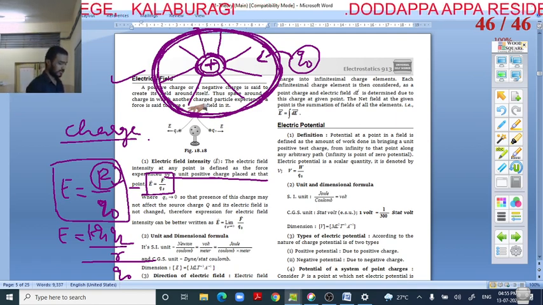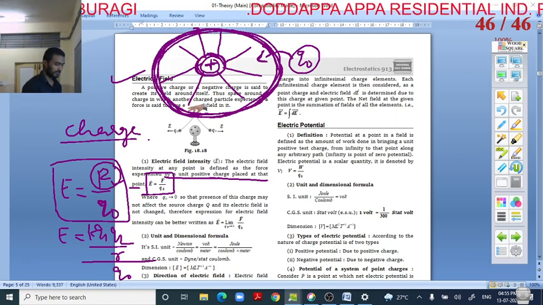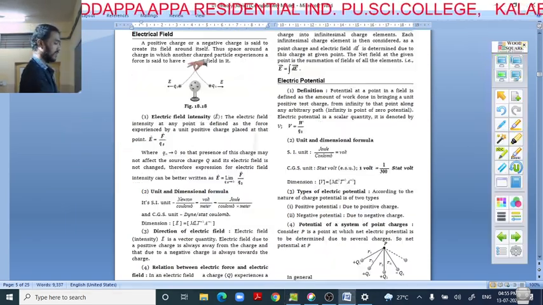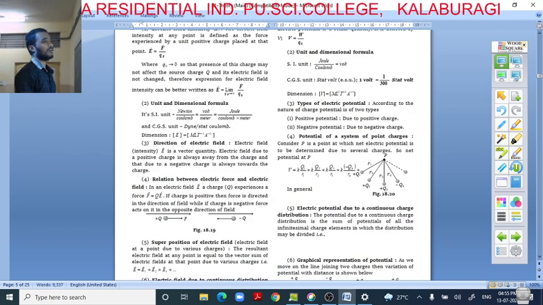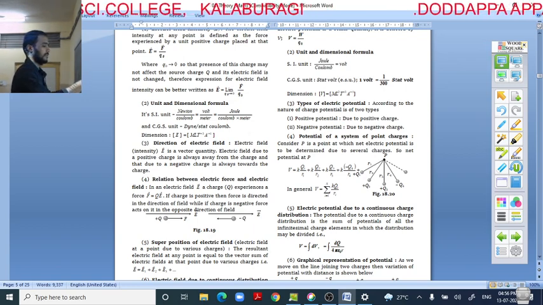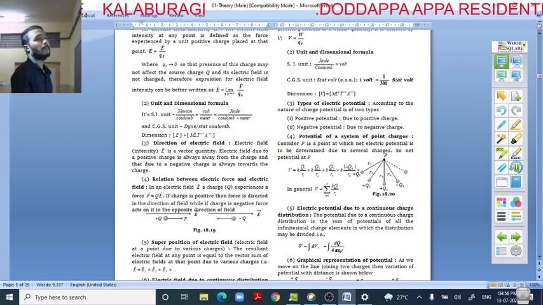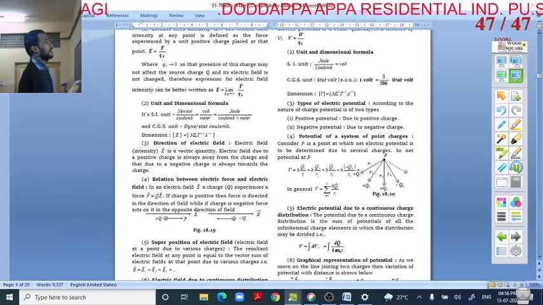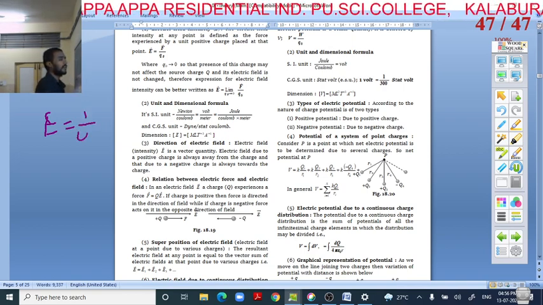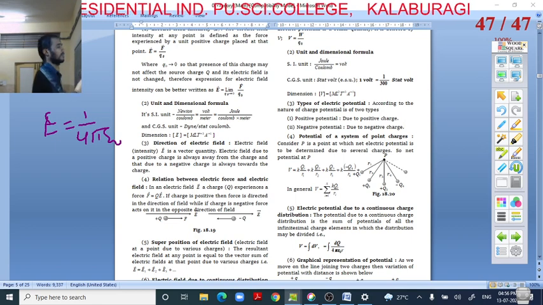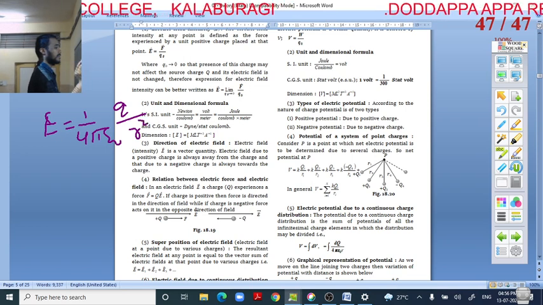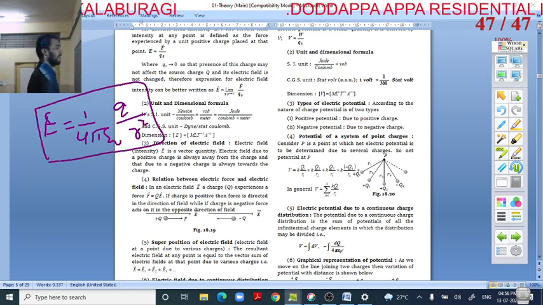Here one charge gets cancelled. So what do we get? Electric field is equal to 1 by 4 pi epsilon Q divided by R square. This is the electric field formula.